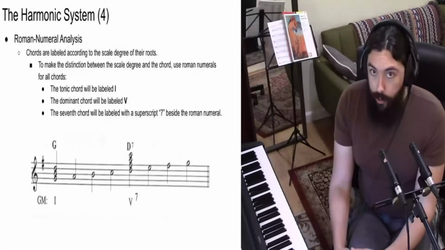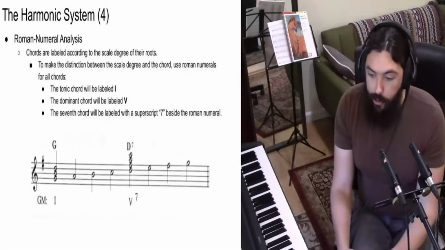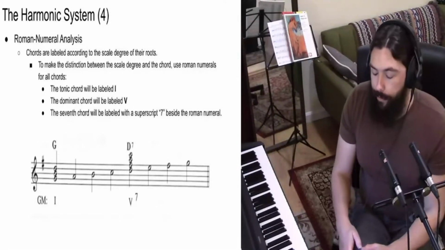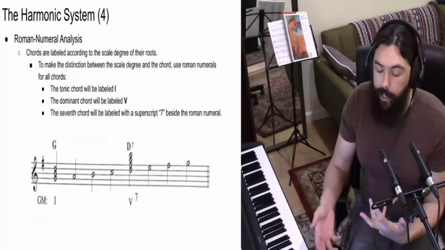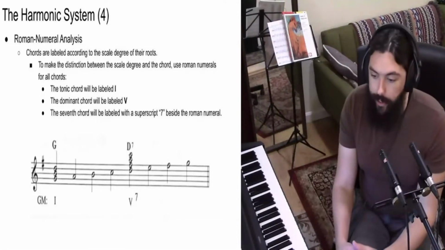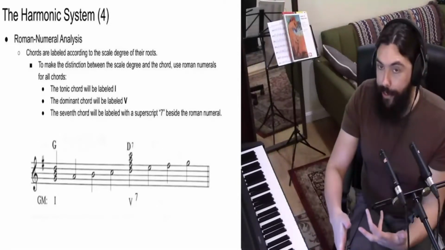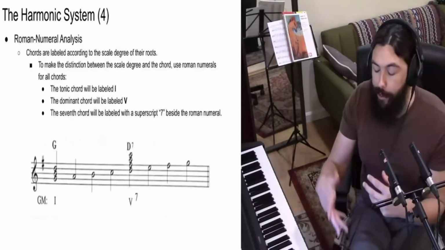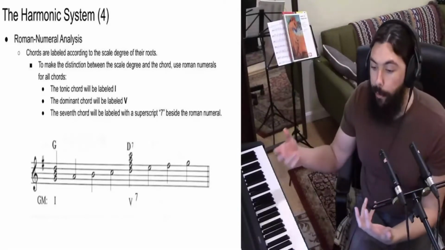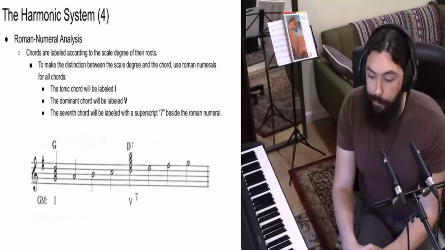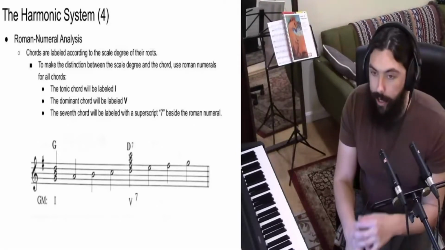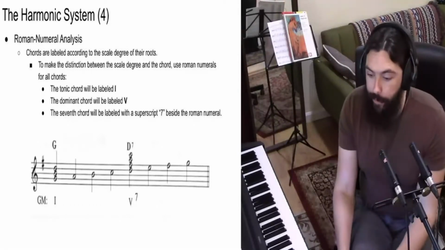Chords are labeled according to the scale degree of their roots. Kind of like we were just talking about with that tonic and dominant stuff, right? We have a tonic chord built on the tonic note of the scale, the 1st scale degree, and then we have a dominant chord built on the dominant note of the scale, which is the 5th scale degree.